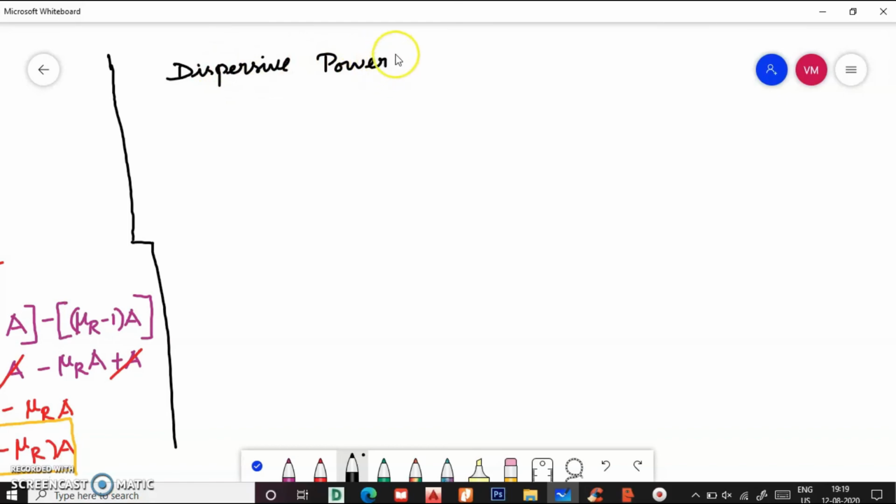The symbol given for dispersive power is omega. Dispersive power indicates the ability of the material of the prism to disperse the light rays. It is defined as the ratio of angular dispersion to the deviation of the mean ray.